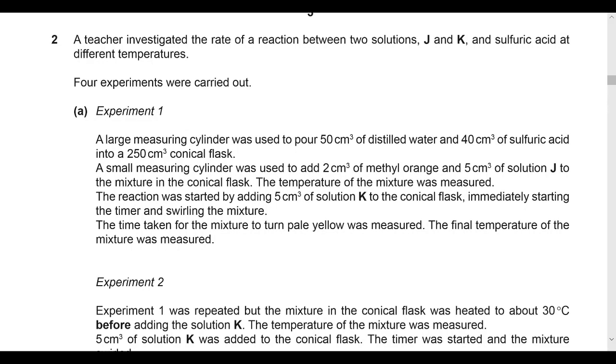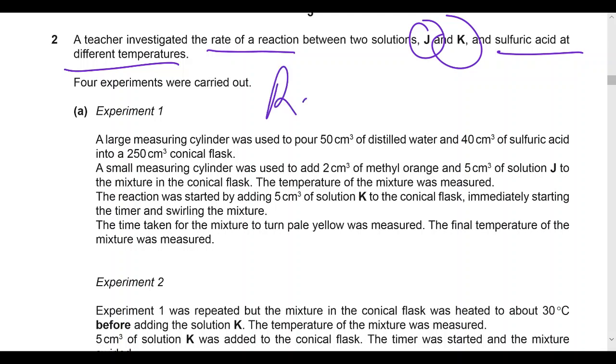Question number 2. Here a teacher investigated the rate of reaction between two solutions, J and K, with sulfuric acid. That means you have two solutions and each one is reacted with sulfuric acid at different temperature, and also different solutions.